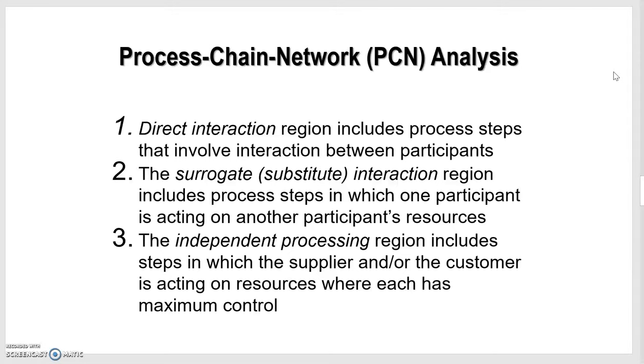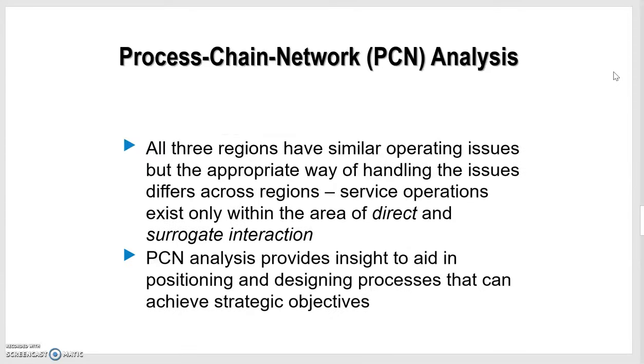In a process chain network, there are several considerations. Direct interaction region includes process steps that involve interaction between participants. The surrogate or substitute interaction region includes process steps in which one participant is acting on another participant's resources. The independent processing region includes steps in which the supplier and/or the customer is acting on resources where each has maximum control.